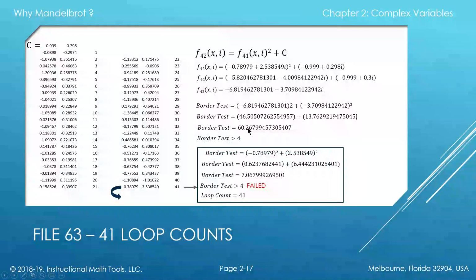Well, 60 is well out of bounds, obviously. This 41 was 7, so the one next to it is way outside the circle. It's 60. So that is even worse than the one we stopped at before. I just did this so you could see how the recursive function utilizes this formula to find out the next point.